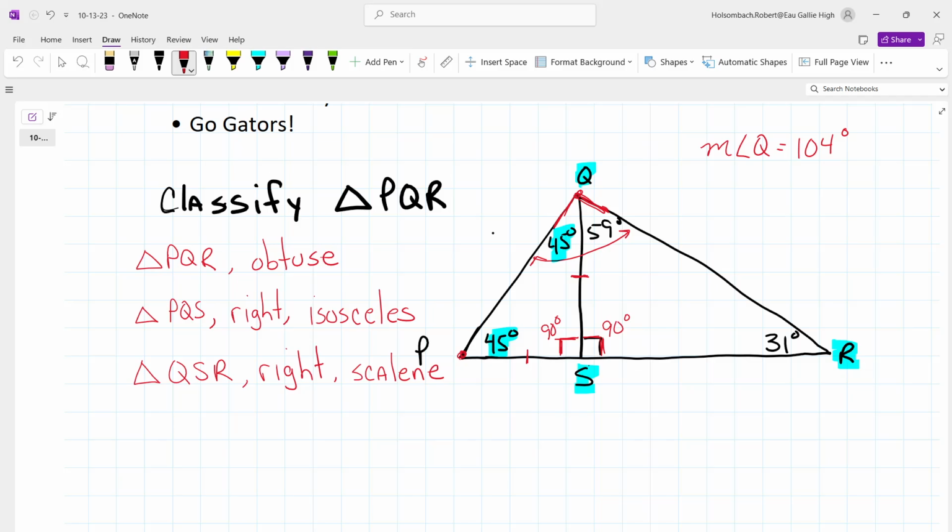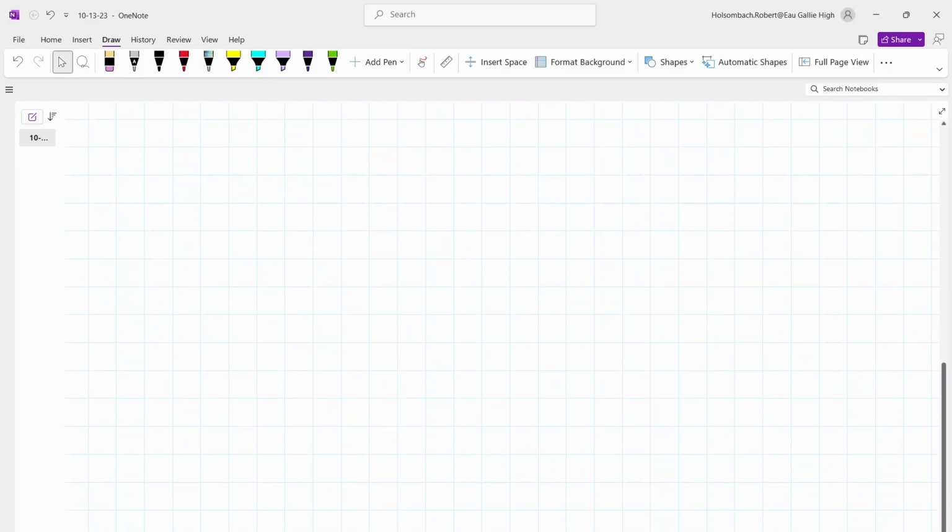Okay. So then let's look at example 4 on the top of page 239.